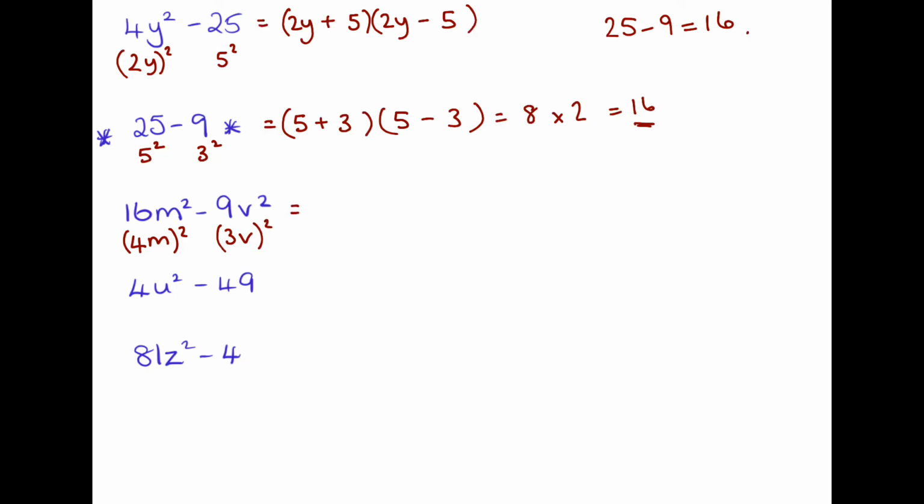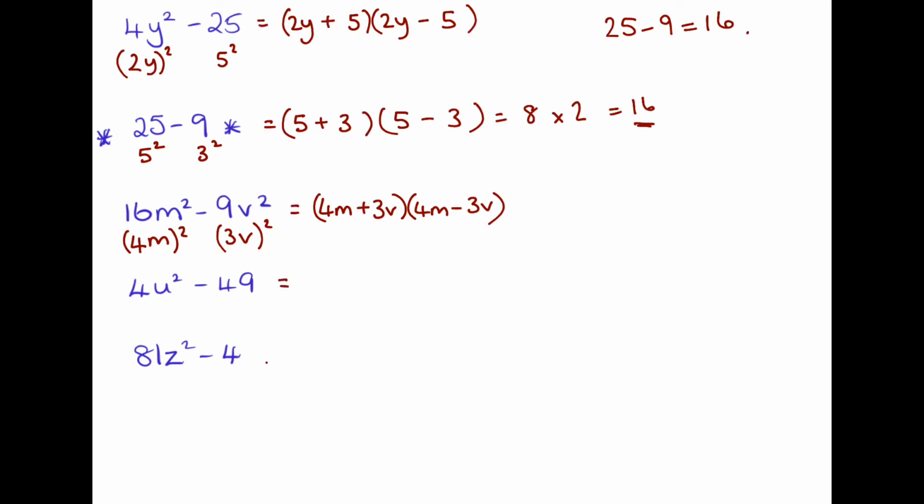So there are 2 terms that have been squared to give us the 16m squared and the 9v squared. We can see it's a difference because of the minus in the middle. So we can set this up as 2 brackets again, with 4m in the beginning of the brackets, 3v in the ends of the brackets, and a plus and a minus.